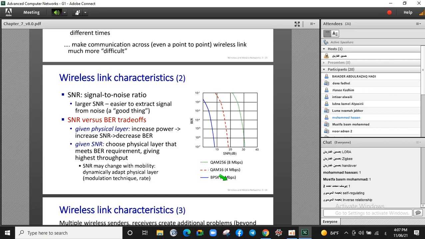Here you can see the capacity of BPSK is 1 megabit per second, while in QAM 16 it is 4 megabits per second, and in QAM 256 the speed is 8 megabits per second. So by switching between those modulation techniques, I can handle the problem.